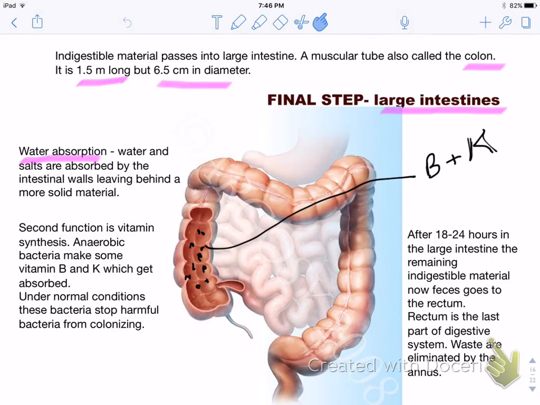After about 18 to 24 hours in the large intestine, any indigestible material that remains is now going to be called feces, and that will be stored in the rectum. The rectum will contain waste that will be eliminated by the excretory system.